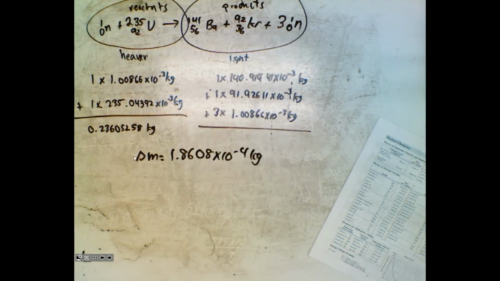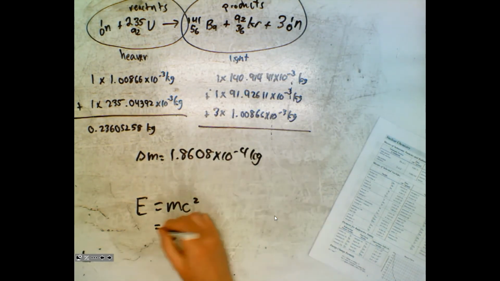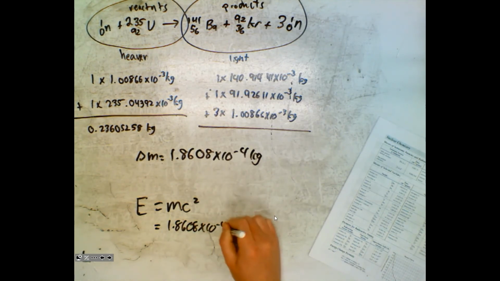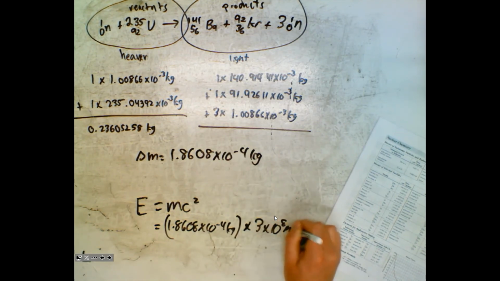So from there, once I have that change in mass, then it's really easy. Then I just have to use E equals mc squared. So I take my 1.8608 times 10 to the negative 4 kilograms, and I just multiply it by the speed of light squared. And I can find out my energy released in this reaction.